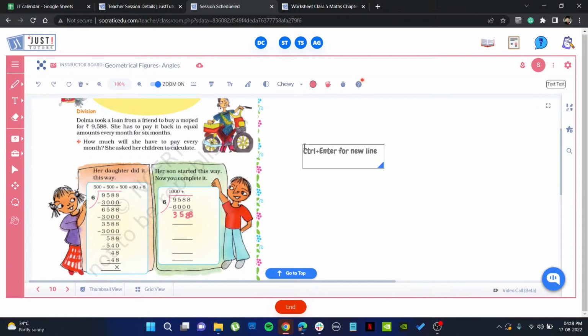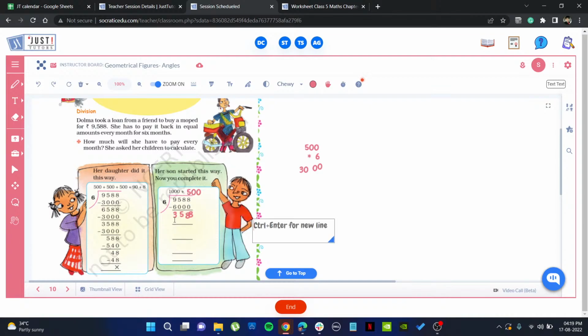If we multiply 500 by 6, we will get how much? 6 times 0 is 0. Again 6 times 0 is 0. 5 times 6 is 30. So we get 3000. So it means that we have multiplied 6 by 500. So at the top we will be writing 500.